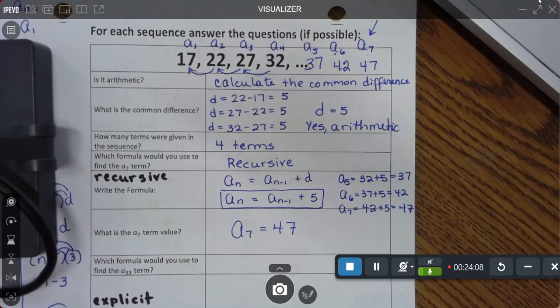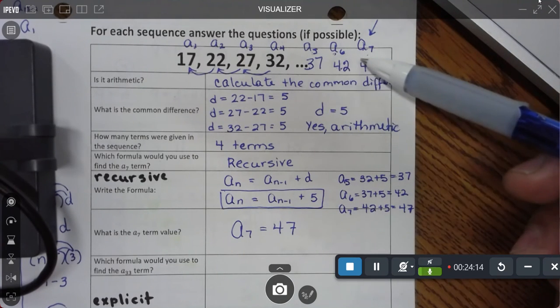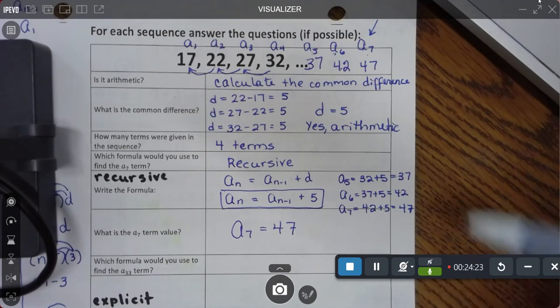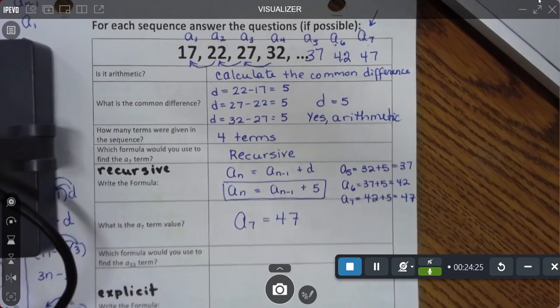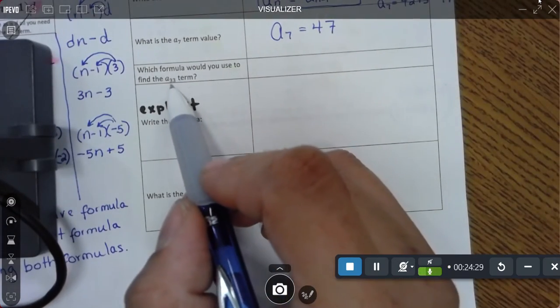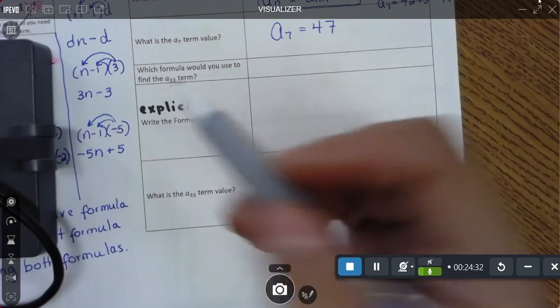All right, so writing it down can get tedious, like a lot of little detail, but actually doing it by hand is simple, right? Just adding 5 three times. Recursive is when the numbers are close, the terms are close. The problem is when you want to calculate the 33rd term.